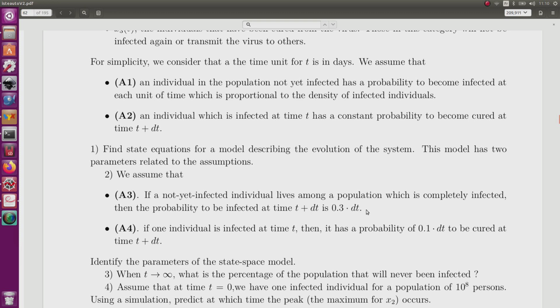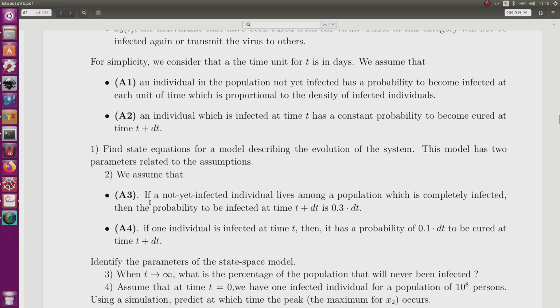So it means that if I have a huge population of 100 million people, if in this population I have 100 which have not yet been infected, whereas all of the others are infected, then the day after, 30 of them, so 30 among the 100, will be infected. So it is the assumption we take.